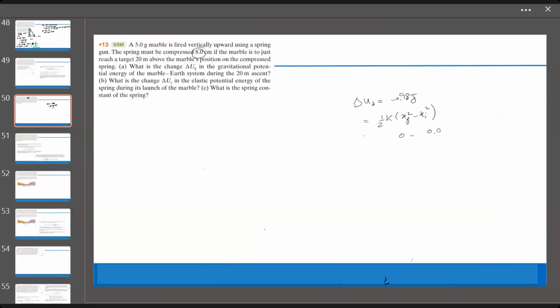So this is 0.08 squared, and k is what I want. I have 0.5 here, and delta US, as you saw, is minus 0.98. I'll just rearrange for k, and you will get 310 newtons per meter.